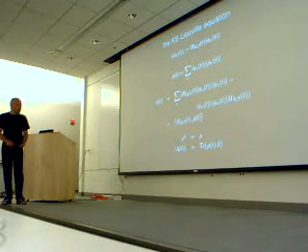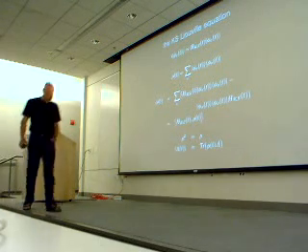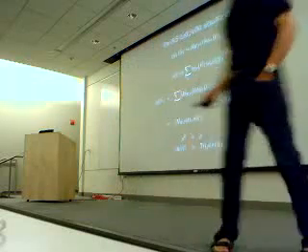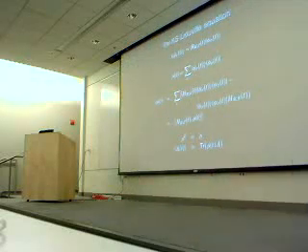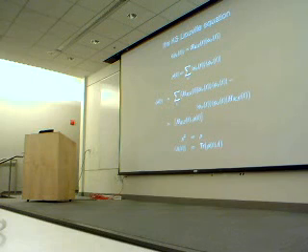And the expectation value of any observable can be calculated as the trace of the product of rho times the observable you want to measure.